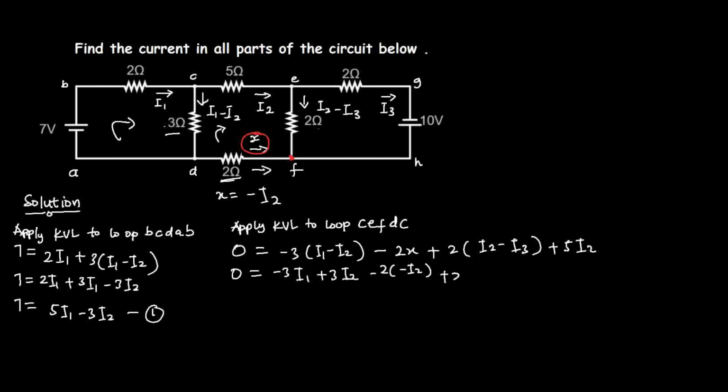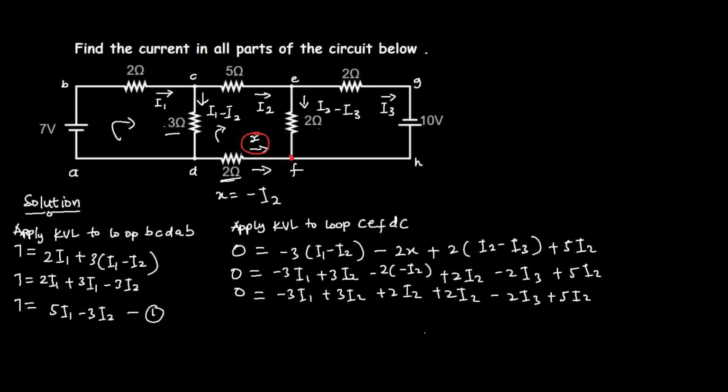And then plus 2I2 minus 2I3 plus 5I2. So let's simplify this further. So this will give me minus 3I1 plus 3I2 plus 2I2 plus 2I2 minus 2I3 plus 5I2.